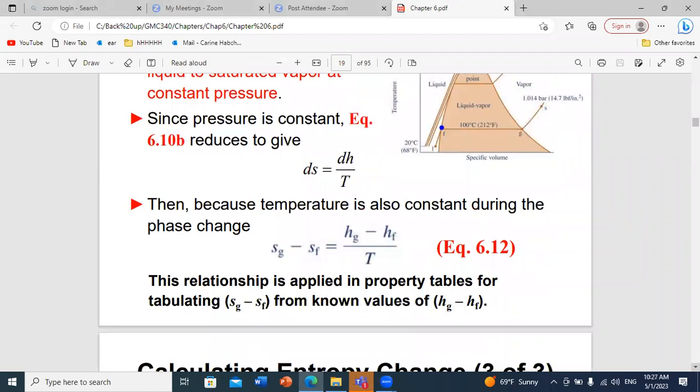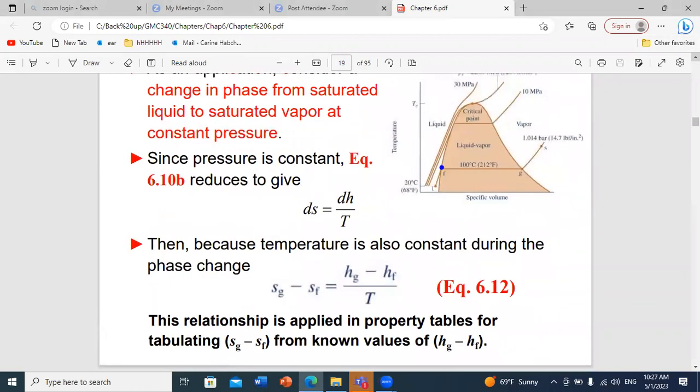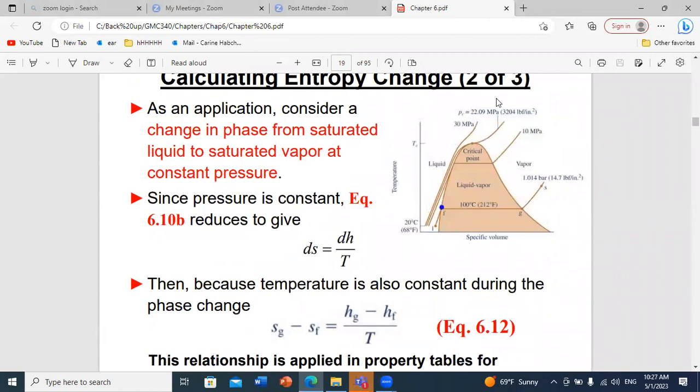So first, from the previous equations, if we have constant pressure, whenever you have a process on a line of constant pressure, you can directly say, let me use the second equation.